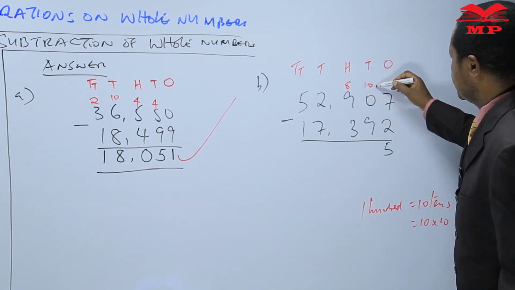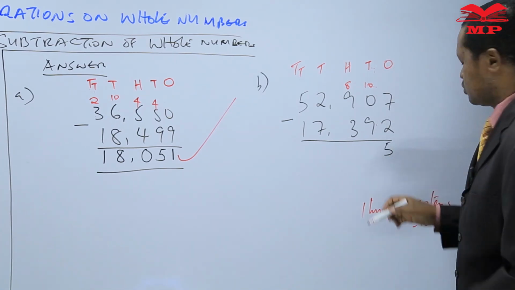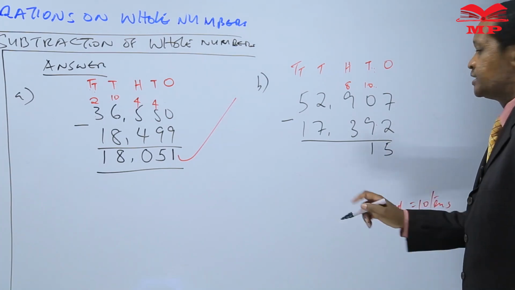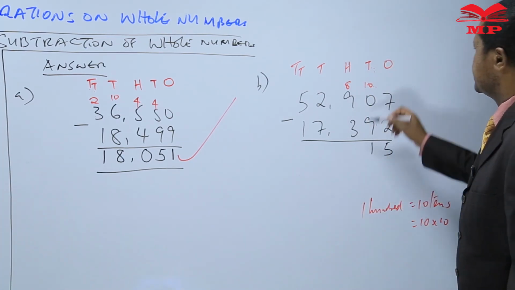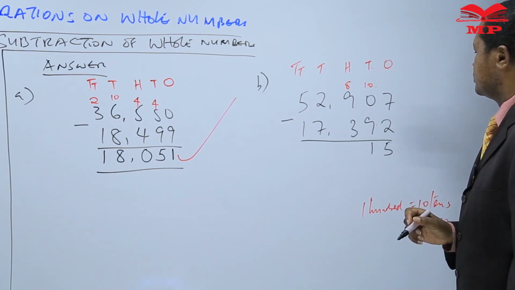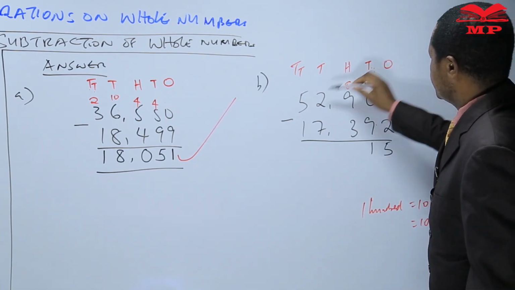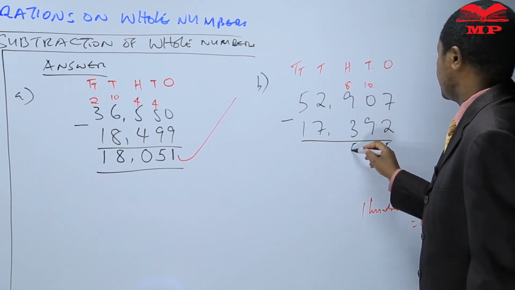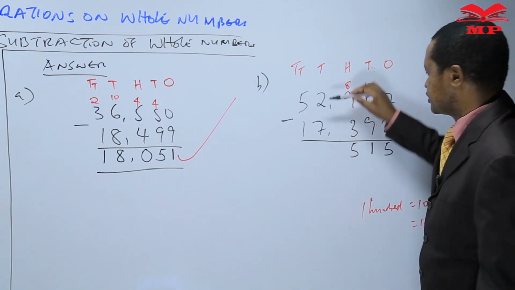So 10 tens minus 9 tens is equal to 1 ten. Then 8 hundreds minus 3 hundreds is equal to 5 hundreds. Then we subtract the thousands.